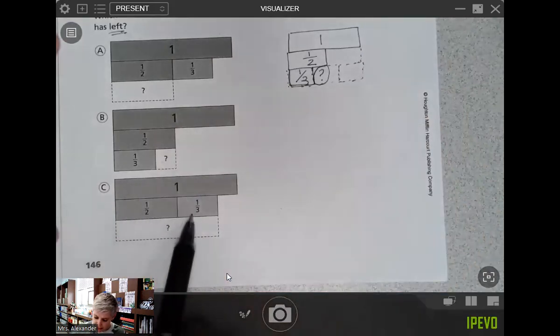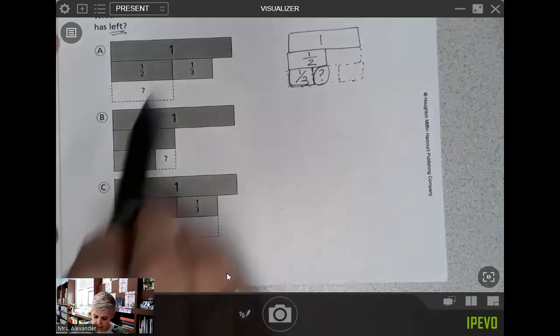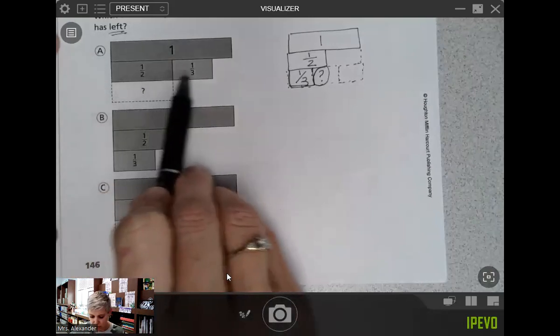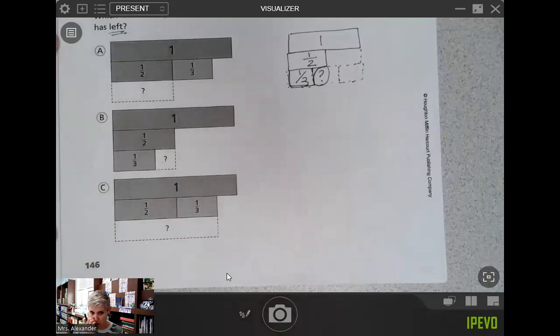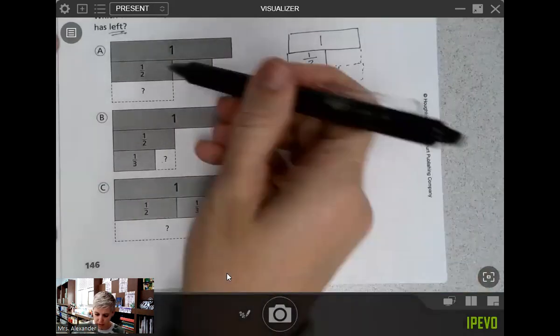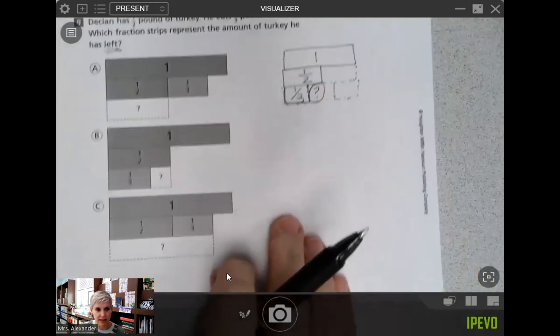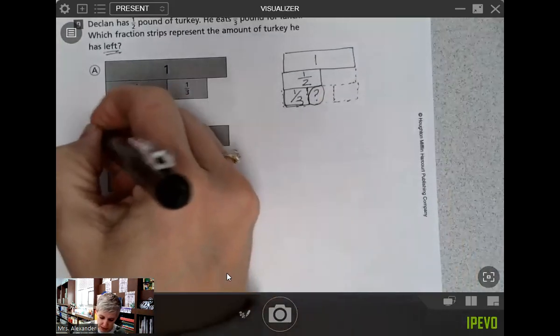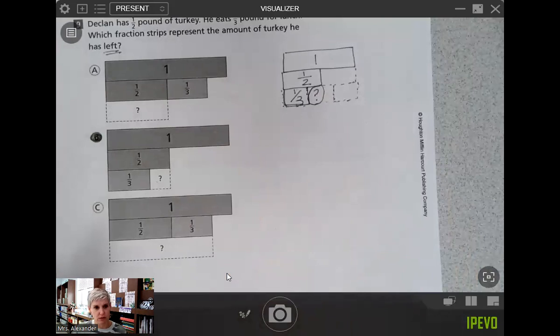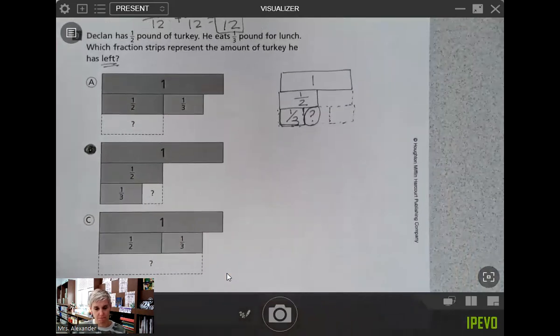And again, here we're putting these together. You can see this question mark box. This question mark box, these two are together, and it's just asking what is that one part. So these with the fraction strips lined up next to each other don't make sense for finding out how much is left. B is the only choice there that works for this situation.